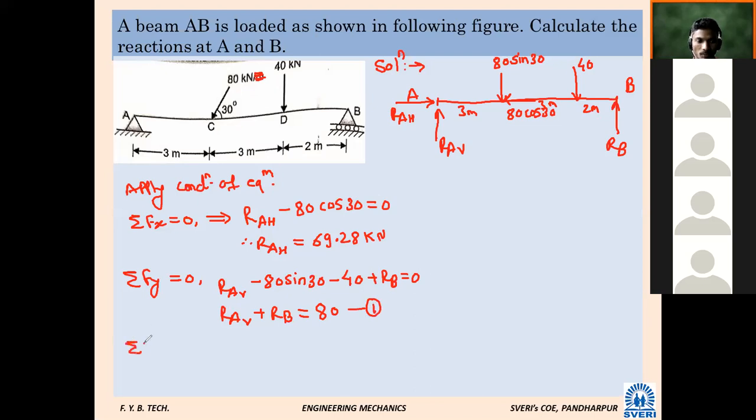Now summation of moment due to all forces at point A equal to 0. From this equation, what will we get? If you apply this equation, RB. Tell me now this equation. 80 sin 30 into 3, plus 40 into 6, then minus RB into 8, 3 plus 3 plus 2, 8, equal to 0.